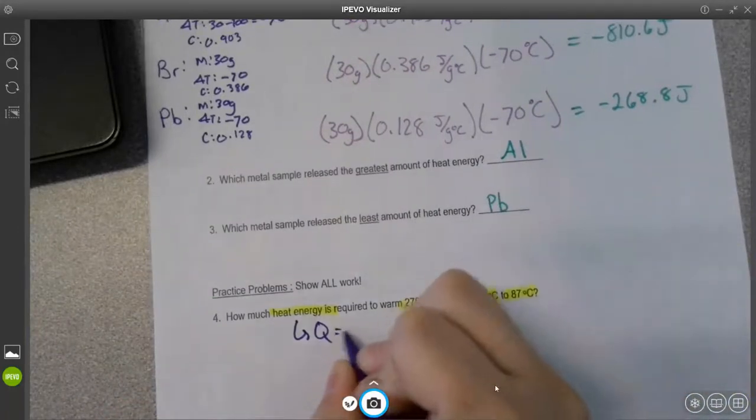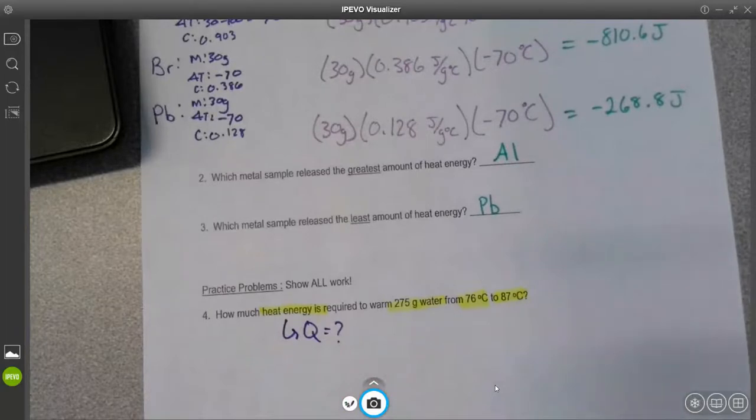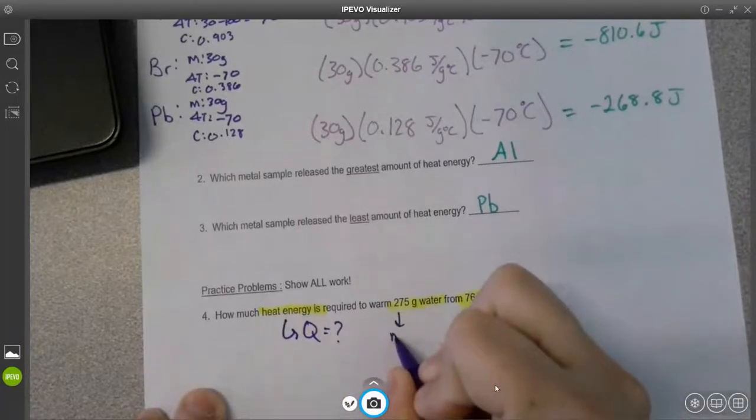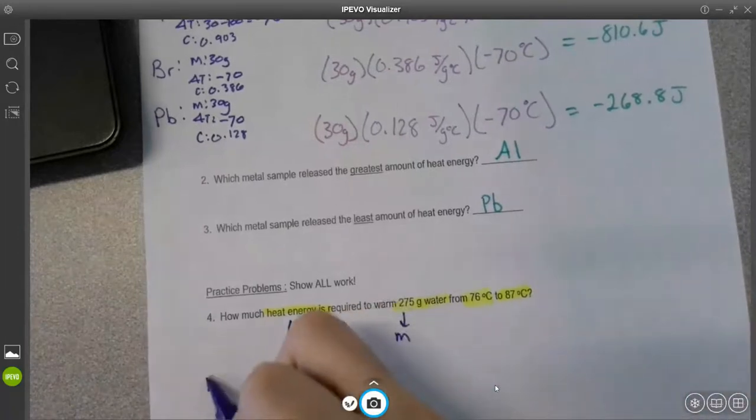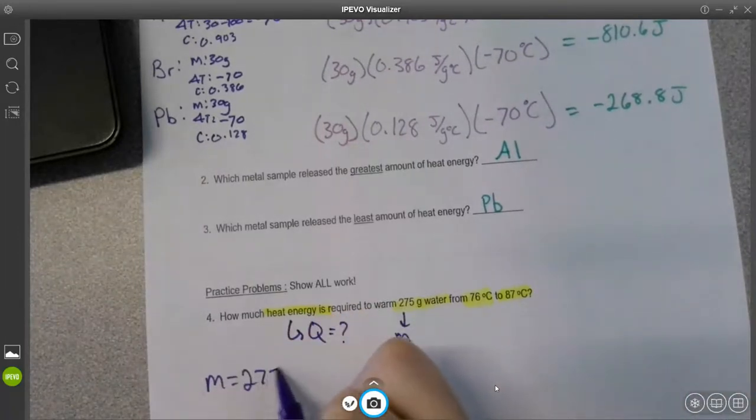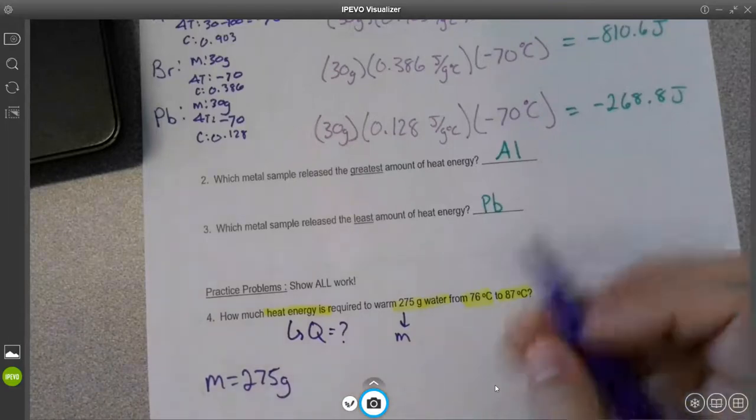So Q is what we're looking for. We don't know what Q is. We know the mass is always going to be in grams. So our mass is going to be 275 grams.